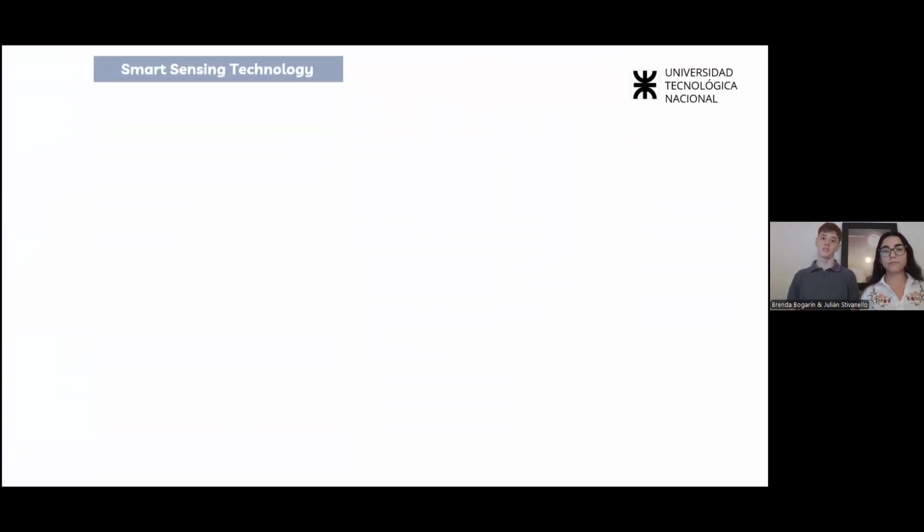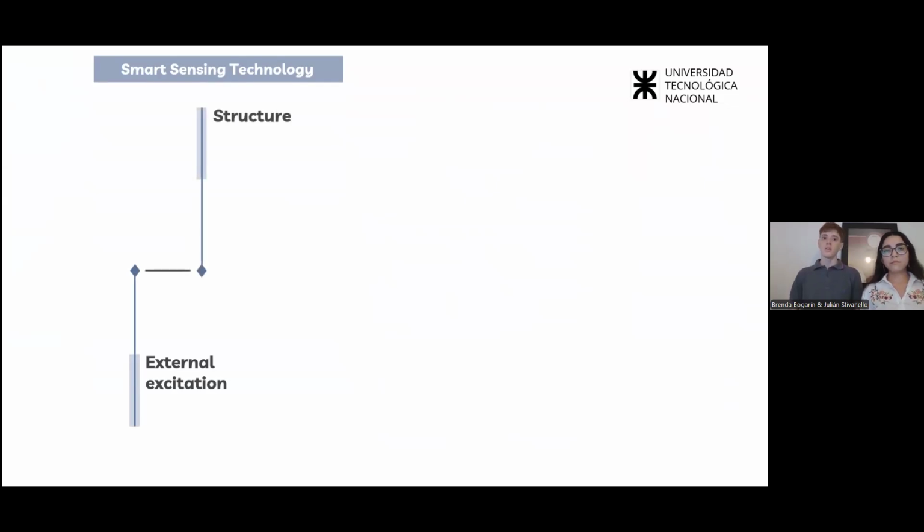Structural health monitoring consists in the application of a general process. The external excitations generate responses in the bridge structure. The process begins when the data is captured by the sensors from the structure.